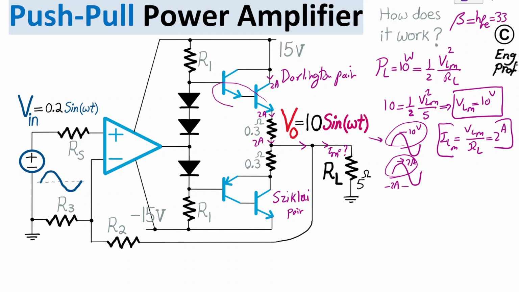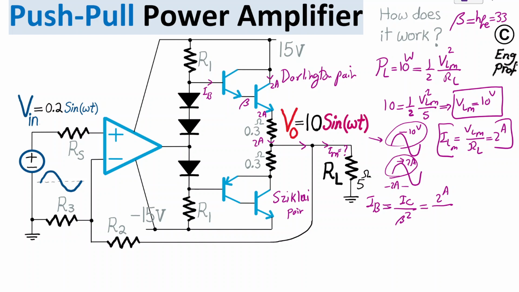Then we have a cascade of the Darlington pair, so the current is reduced by a factor of beta and another factor of beta. Therefore, the base current is beta squared less than the emitter or collector current. So the base current of the transistor is equal to the collector current of the Darlington pair divided by beta squared, in this case 2 amp divided by beta squared.